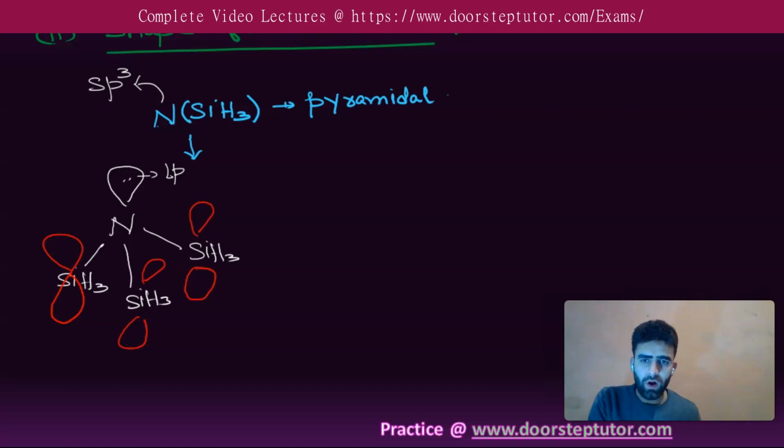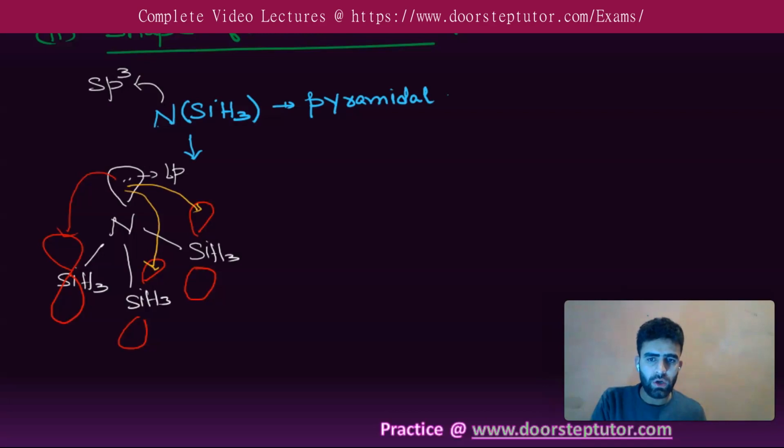Because both the lone pair as well as the empty orbital are present, both conditions that are necessary requirements for back bonding are met by this molecule. So we can say that back bonding will occur like this, and like this.